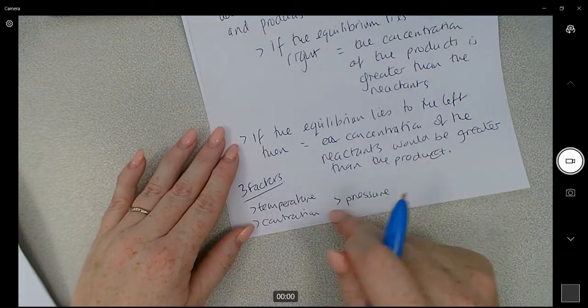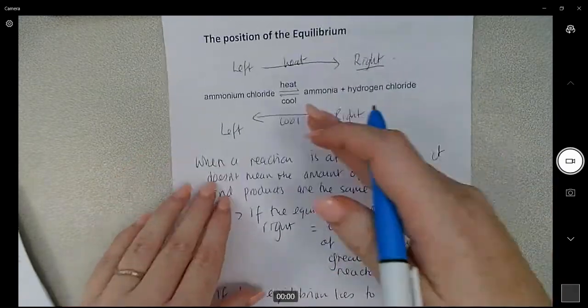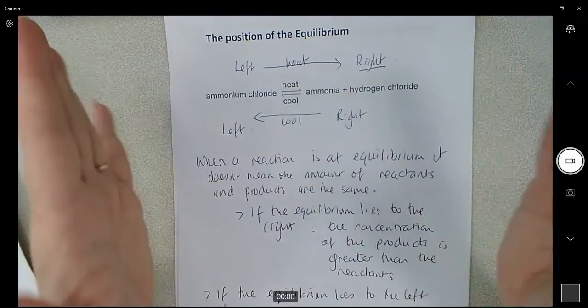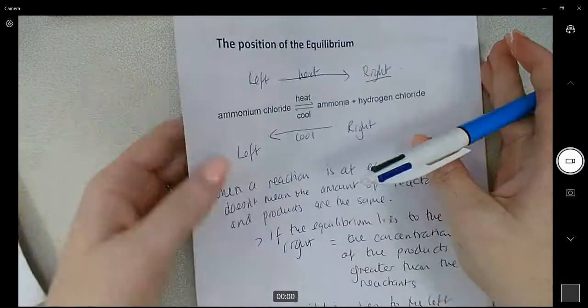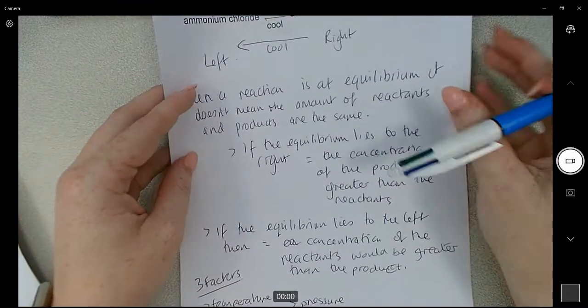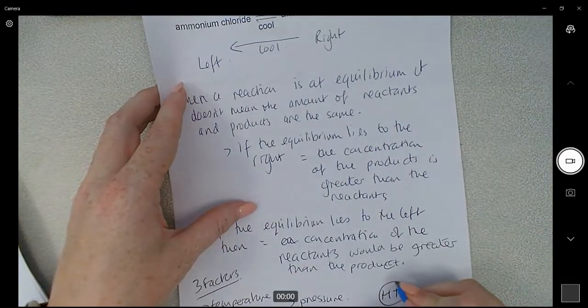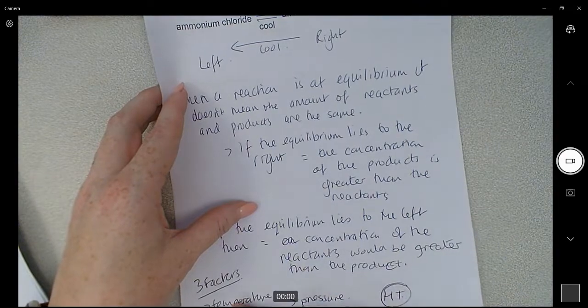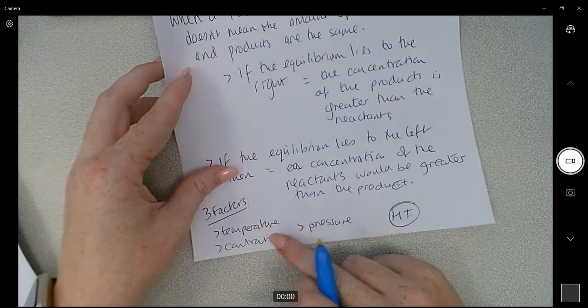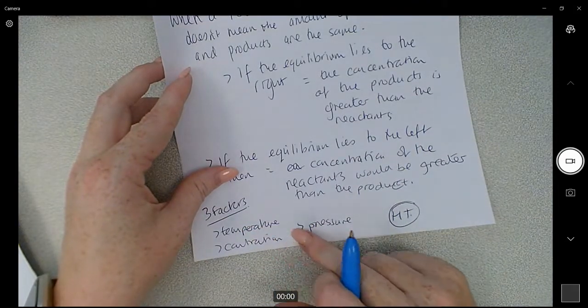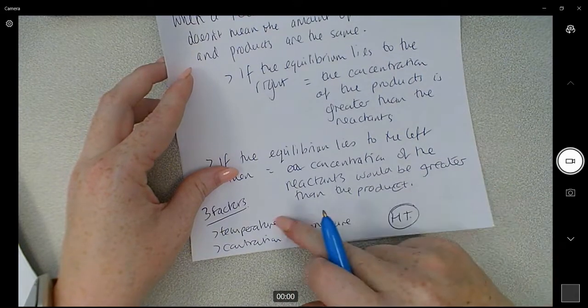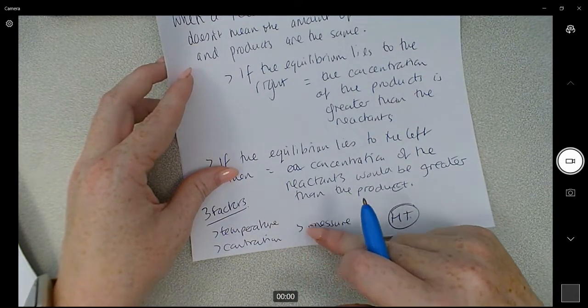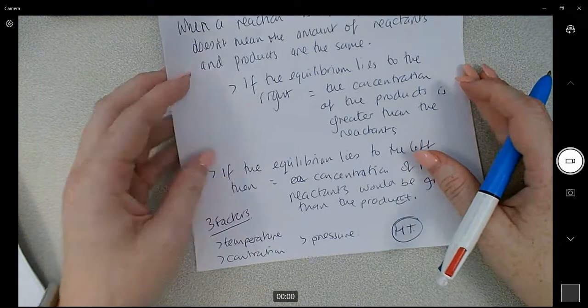So these 3 factors can and will shift the equilibrium either to the left or the right, depending on the reaction. And that starts to push into the higher tier concepts there. So just be mindful for foundation tier, you just need to be aware that these factors can affect the equilibrium. But for higher tier, you need to explain each of these in turn and how they would affect the equilibrium.